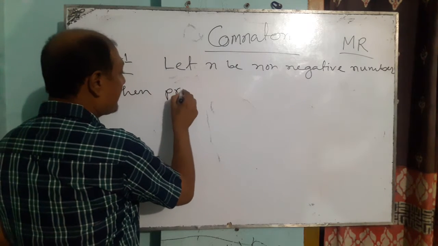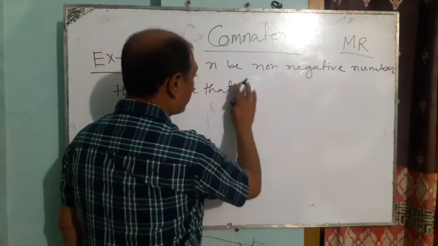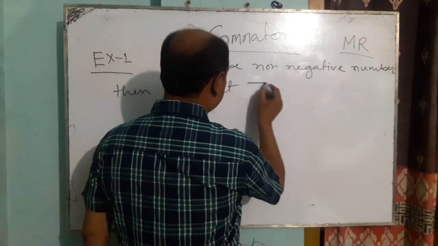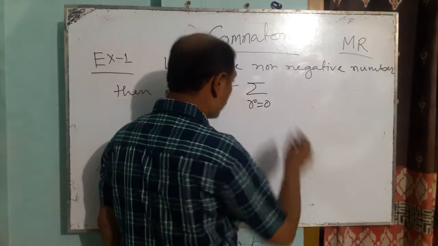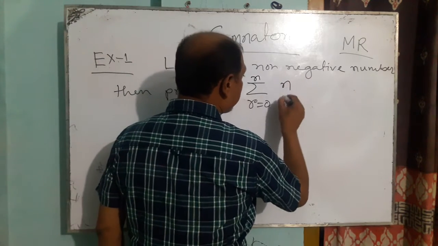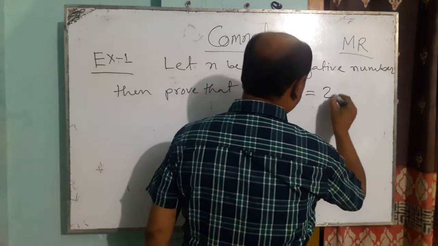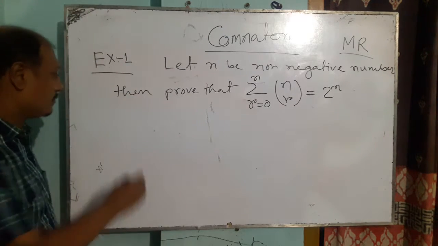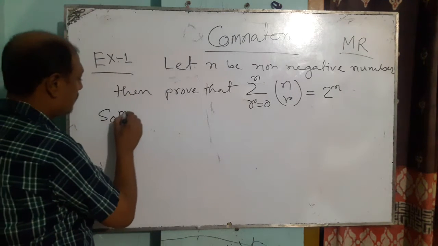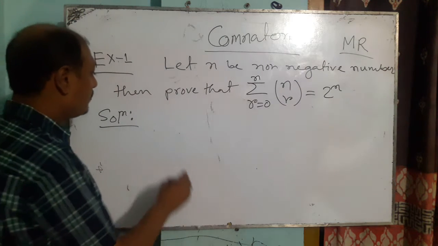Then prove that the summation r equal to 0 to n nCr equal to 2 to the power n. Solution: we get from the binomial theorem.